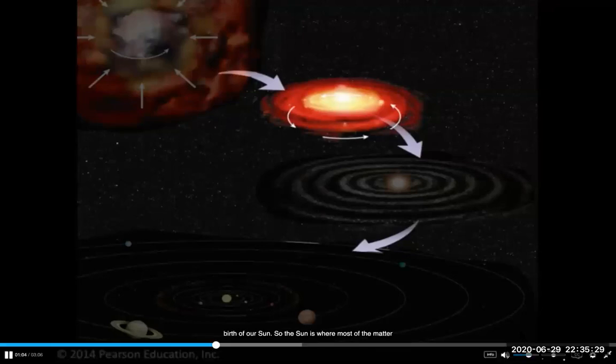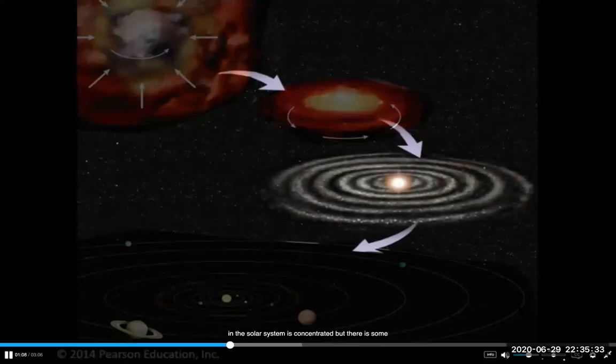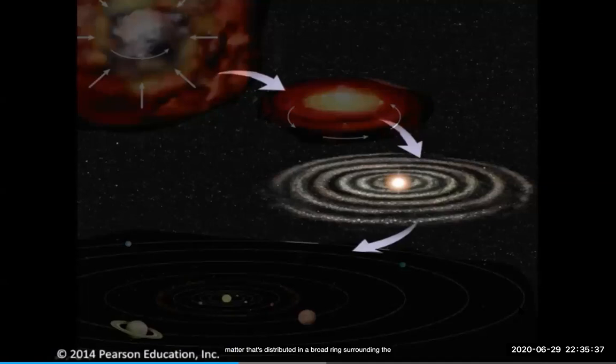So the sun is where most of the matter in the solar system is concentrated, but there is some matter that's distributed in a broad ring surrounding the sun. That ring became clumpier and clumpier over time, where little particles collided, and material became more and more concentrated in a lesser and lesser number of larger and larger objects.